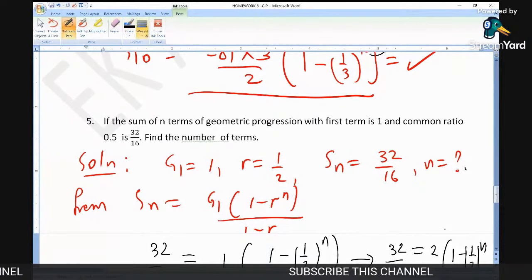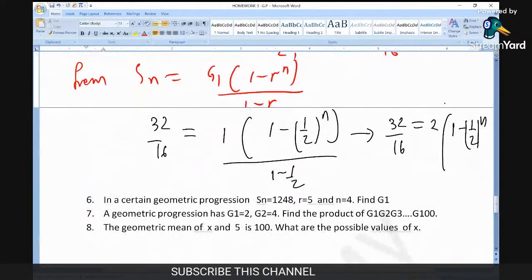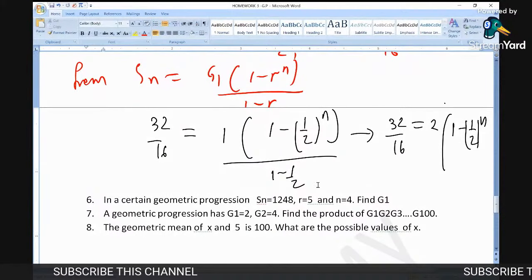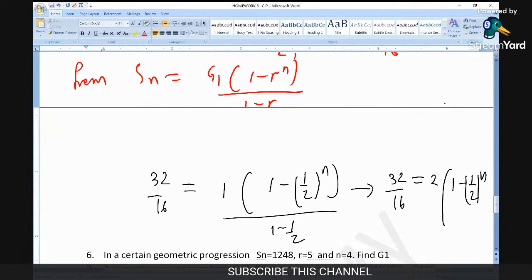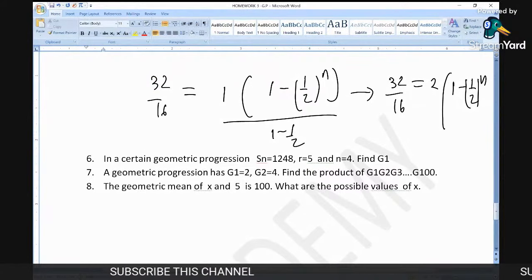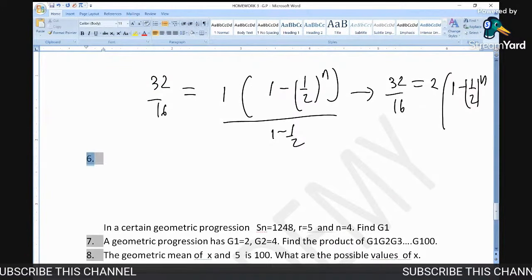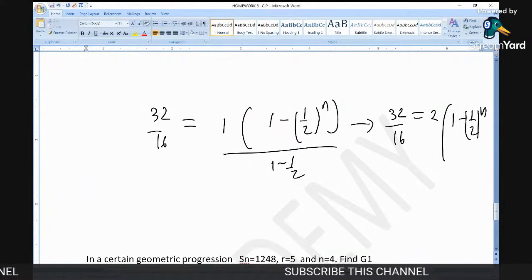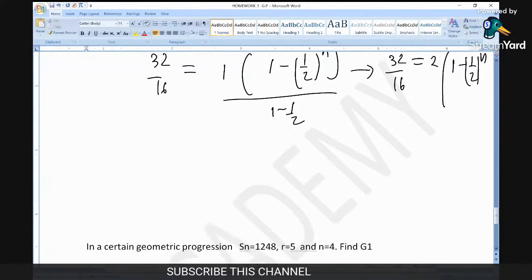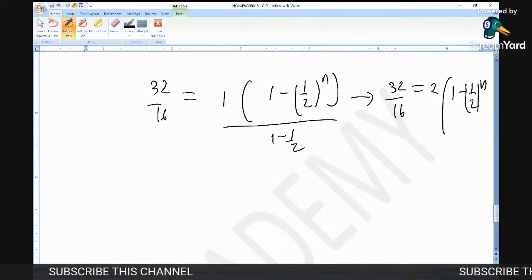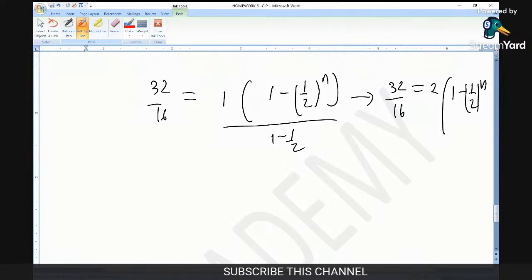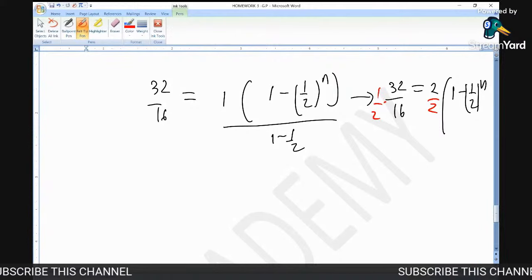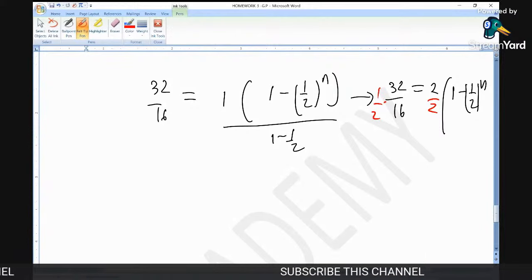We continue solving the question. So the next step, now we have 32. You can divide by 2 both sides.